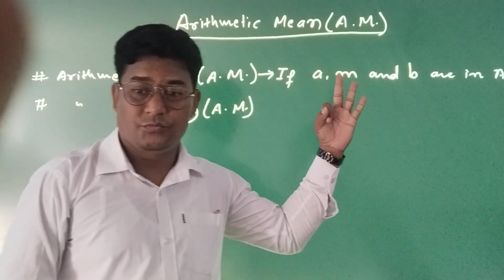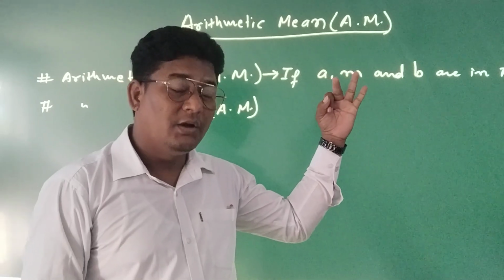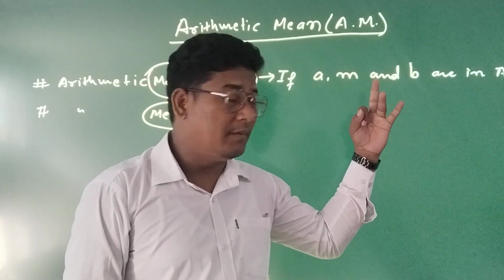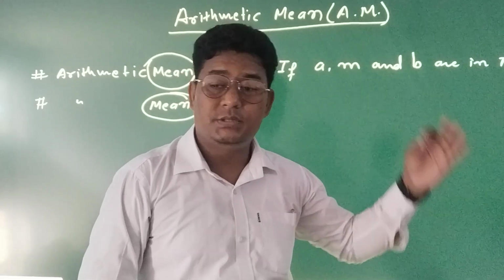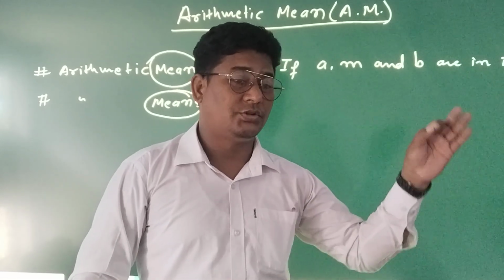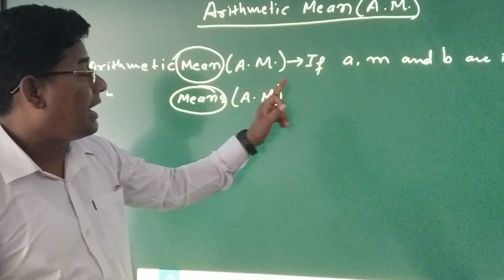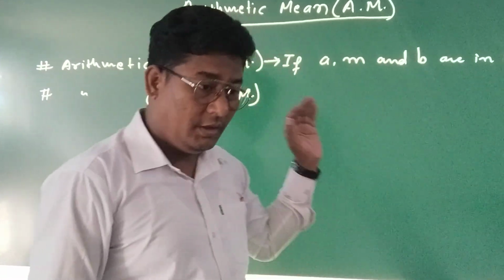How many terms? Three terms. First is A, second is M, and third is B, which is known as the last term in the arithmetic progression.